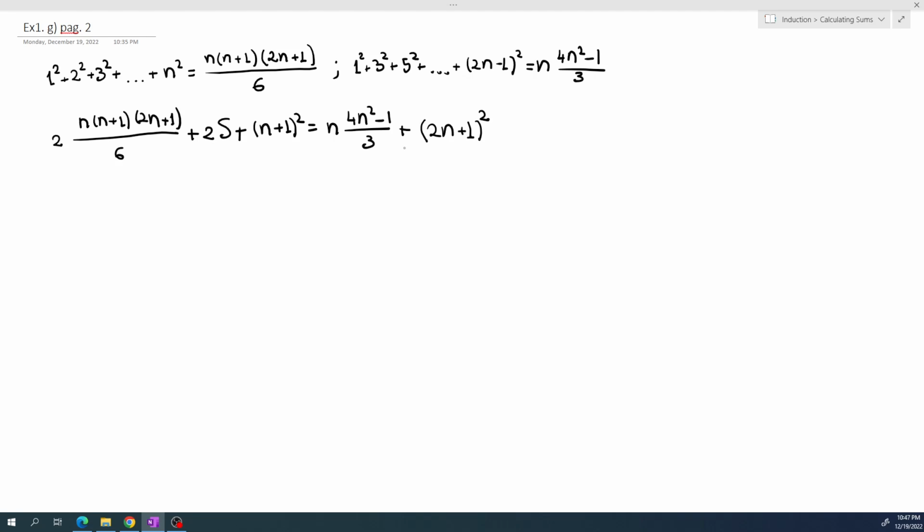And we will start doing the calculations in order to obtain the sum.